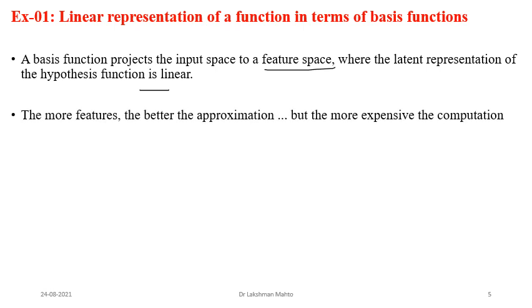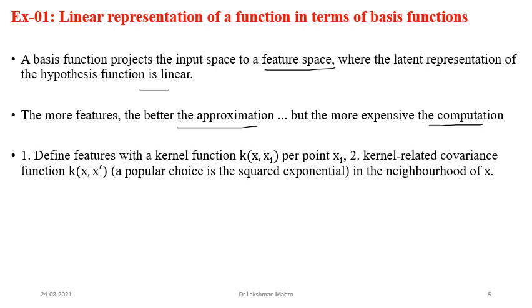If we have more features, that means more feature maps or basis functions, the approximation would be better, but the problem is that it would be very expensive, and computation will also be very expensive, because the dimension of the feature space will increase exponentially.